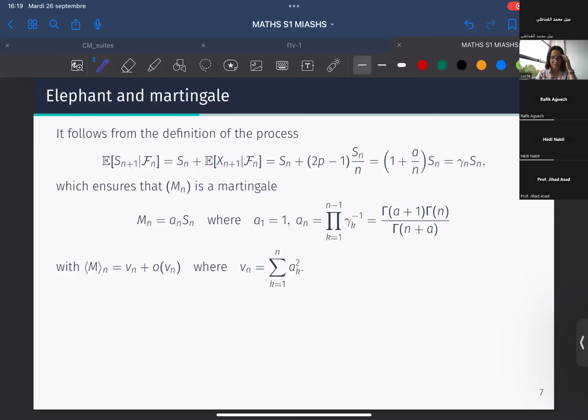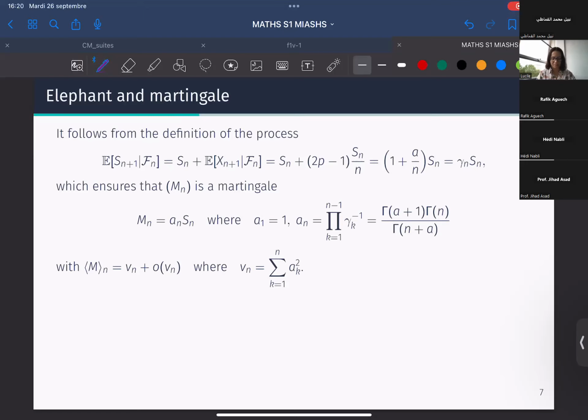The sequence An is completely known. It depends on the gamma function, and since we know how the gamma function behaves at infinity, we know how the sequence behaves at infinity. And since it's a square integrable martingale, we can study it quite easily. This is not what I'm going to do today.